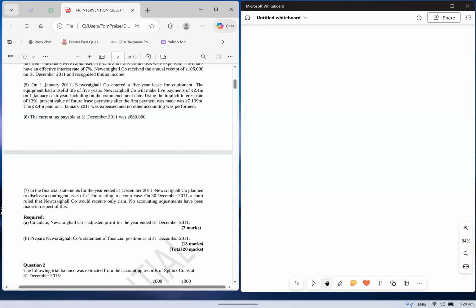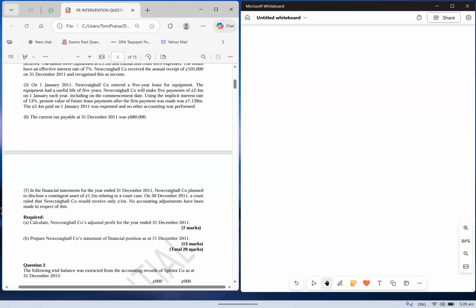So you are going to do a statement for adjusted profit, then you do your balance sheet. So this is the first style of questions, and that is the adjustment on profit. In your exam sheet, you have 20 pages of exam answer booklet. You are supposed to use a maximum of 4 pages to answer a 20-mark question.